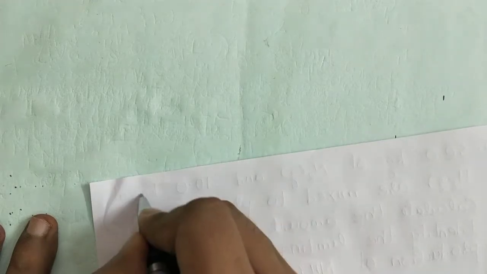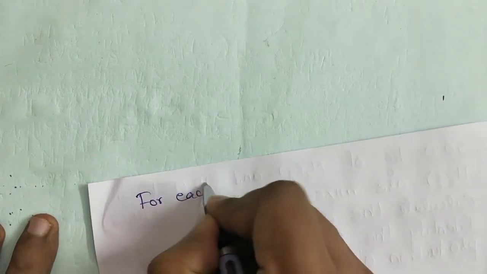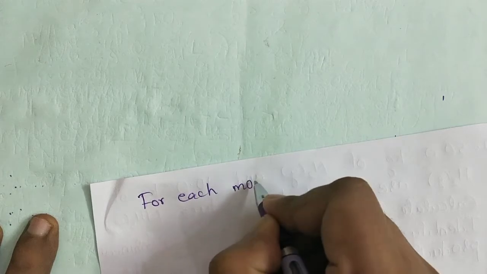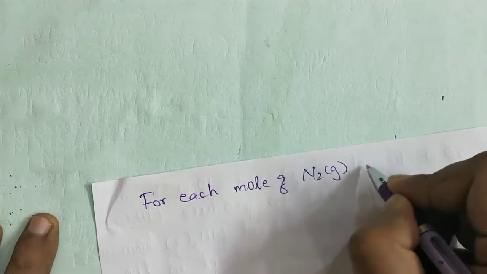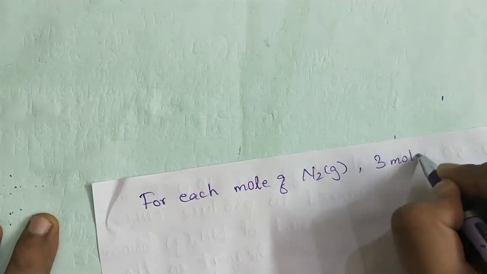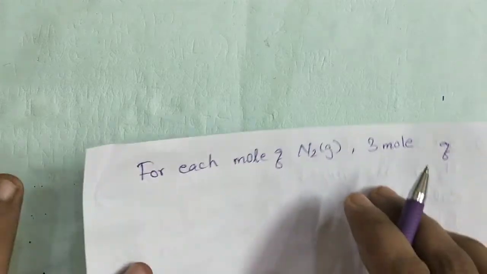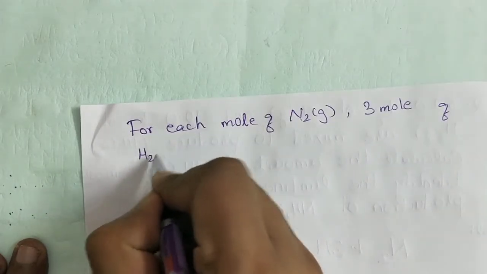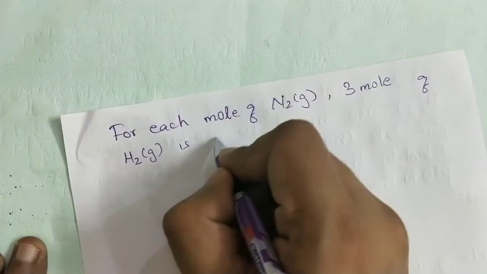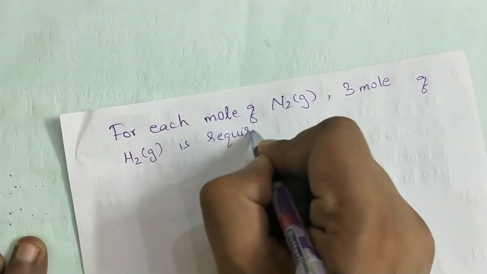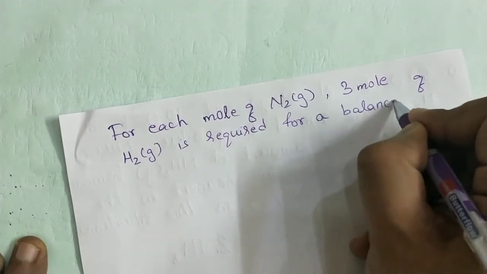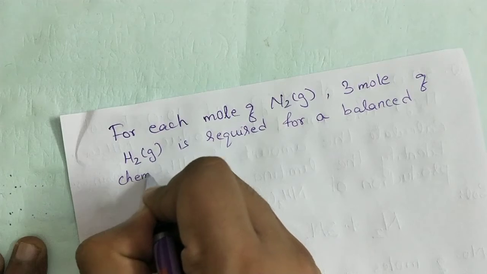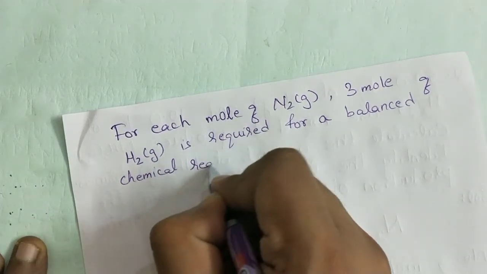So as I said, for each mole of N2, 3 mole of H2 is required for a balanced chemical reaction.